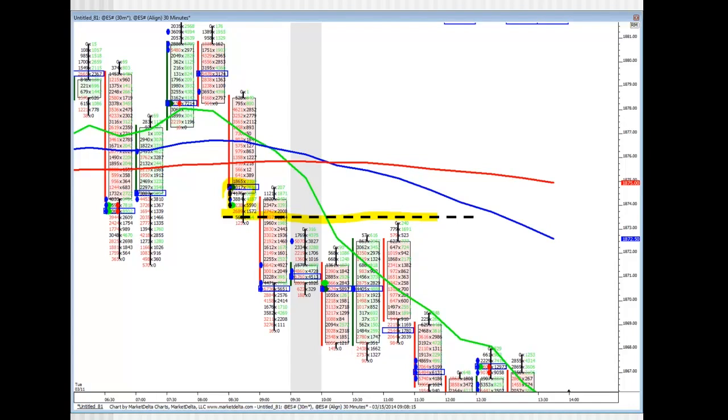Always look to the left, and keep an eye on heavy participation. That's why we track these key levels, because they do come back and serve as important reference points for us on the chart.